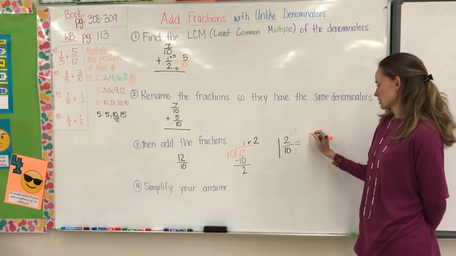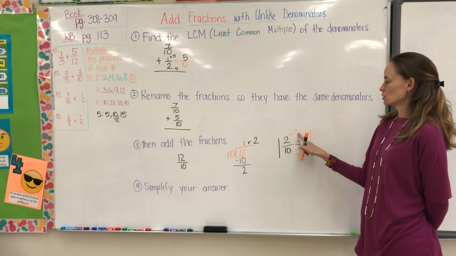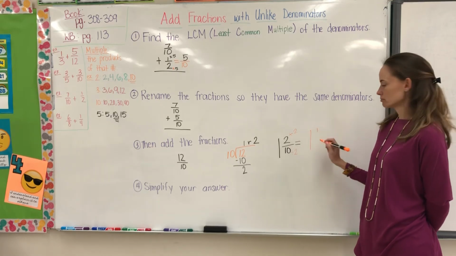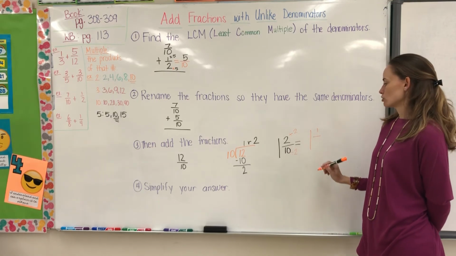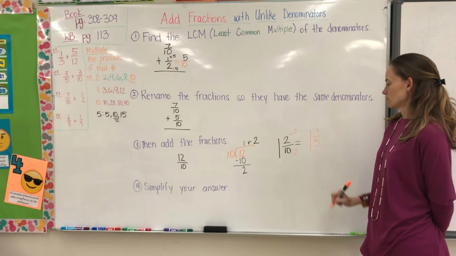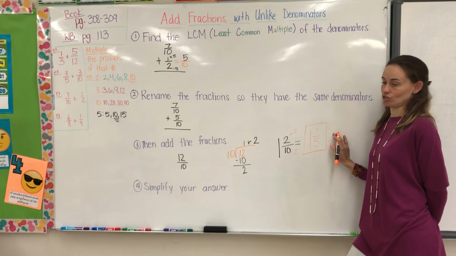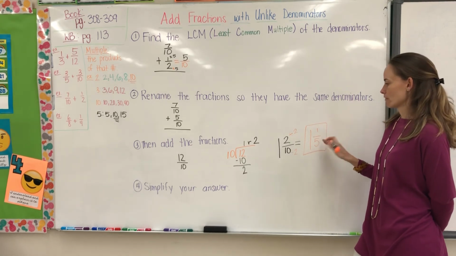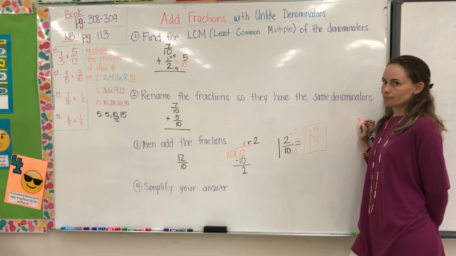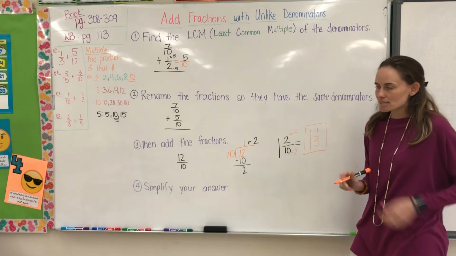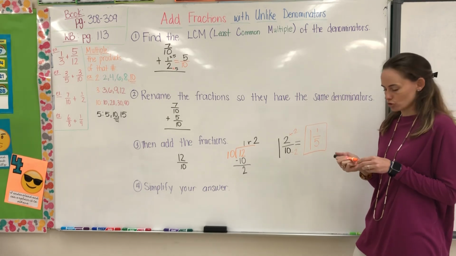No, stays the same. 1. 2 divided by 2 gives us 1. 10 divided by 2 gives us 5. Now we finally got our final answer. 1 1/5. That was a lot of steps. But all steps that we know how to do.